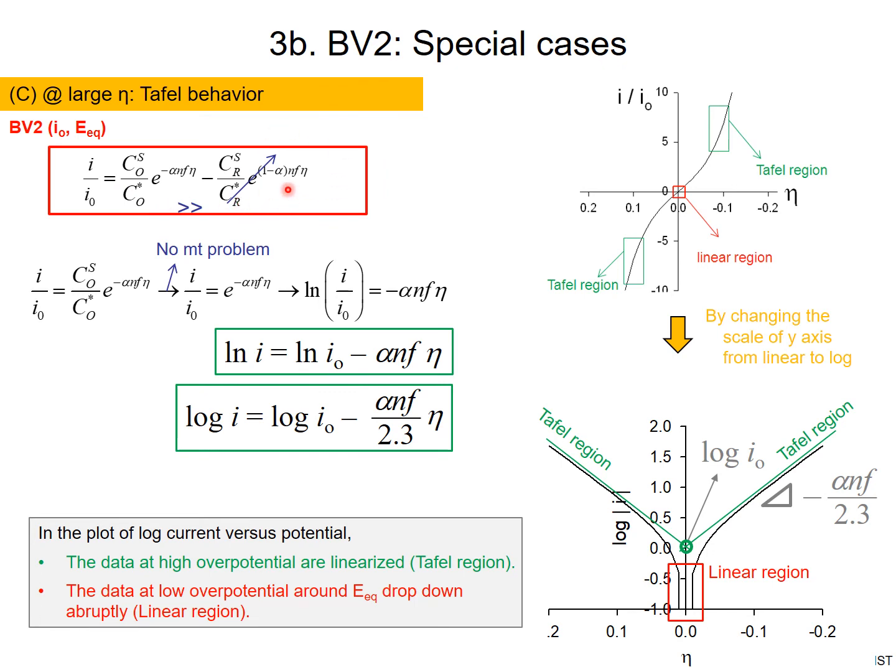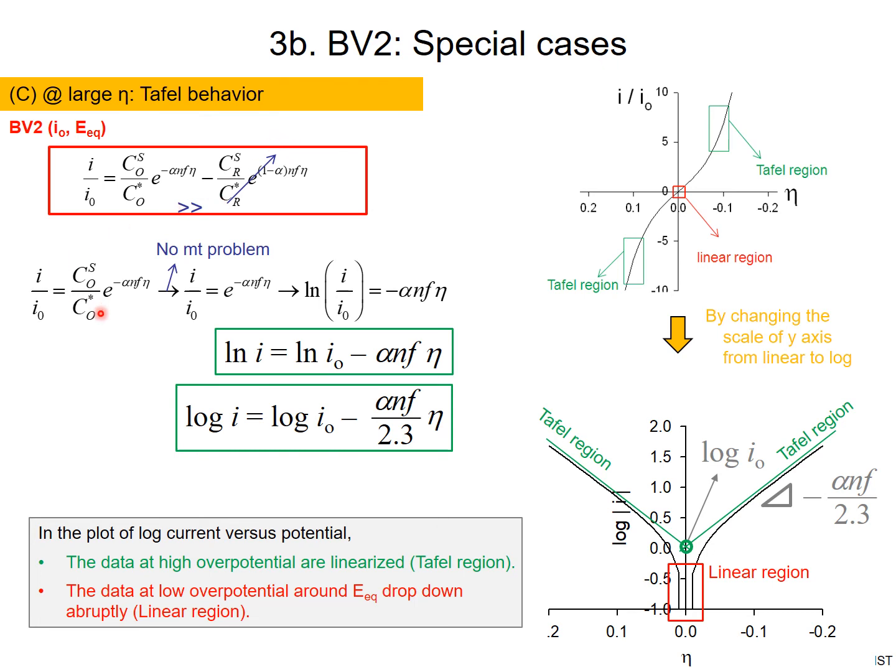Let me focus on the cathodic current in this case. I mean, I'd like to apply a very negative potential far from the equilibrium potential. Then the cathodic process is dominant over the anodic process. In this situation, we could drop the second term for the anodic process.